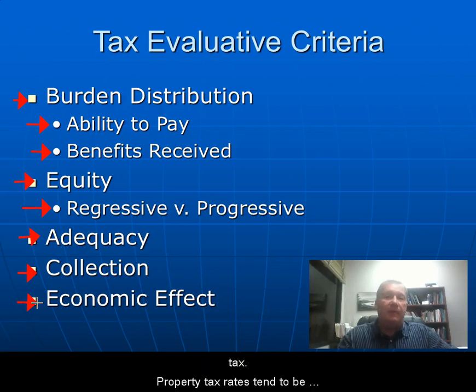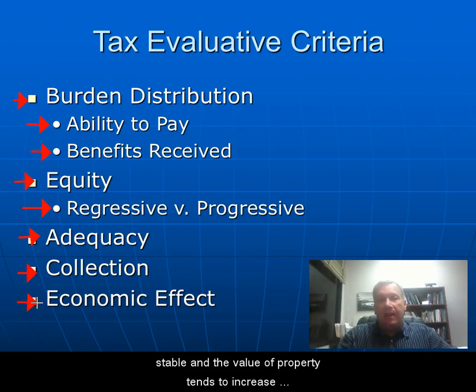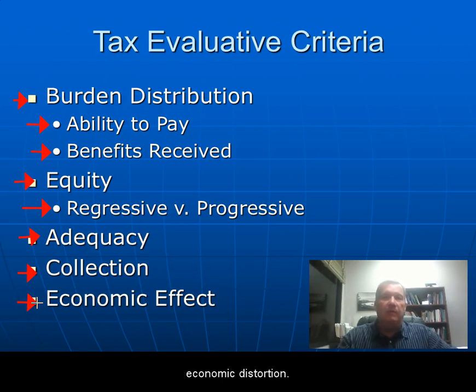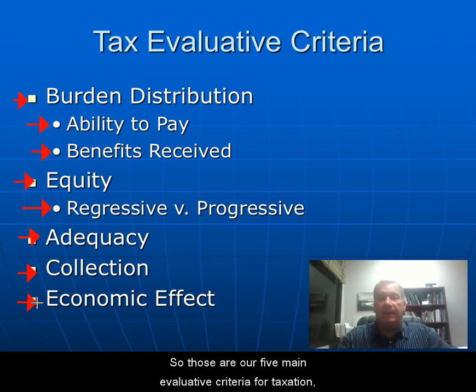Property tax rates tend to be relatively stable, and the assessed value of property tends to increase incrementally over time. So with property tax, you won't see a whole lot of economic effect. With sales taxes, you will see a great deal of economic effect, and you can potentially see a great deal of economic distortion.